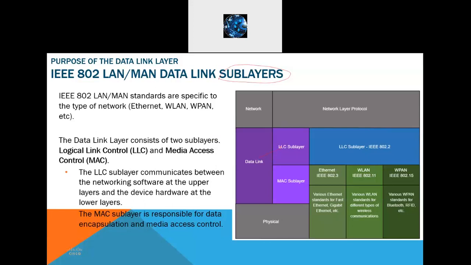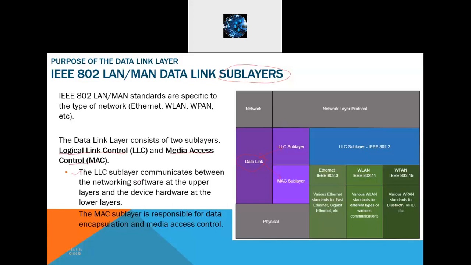One is LLC, the other one is the MAC sub layer. So if I just say data link, inside that data link layer there are two sub layers: LLC and MAC sub layer. LLC is logical link control, and MAC is media access control. So what is the job of these two layers? No big deal. Look at it here.